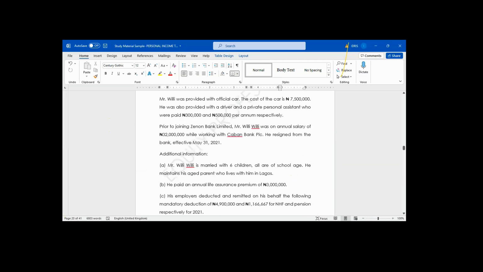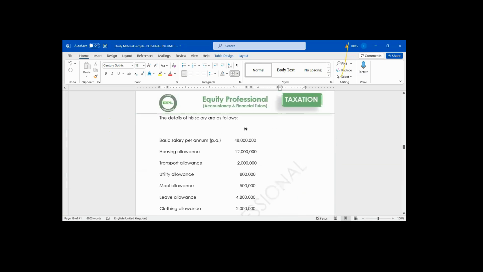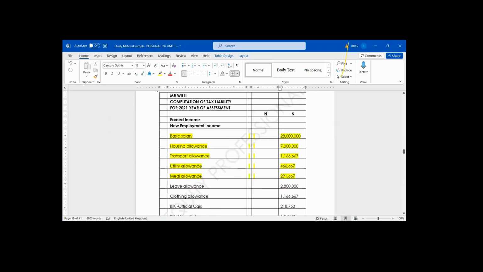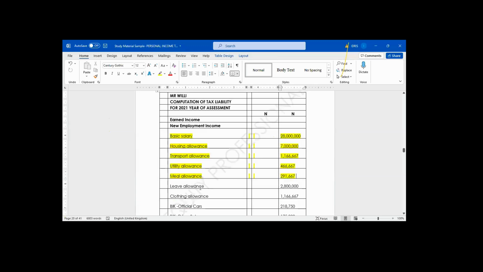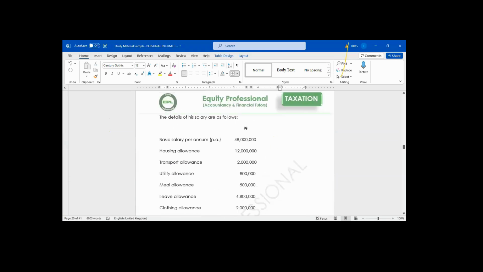For the clothes allowance, 7/12 times 2 million: 1.16667 million. All correct. These are the income.